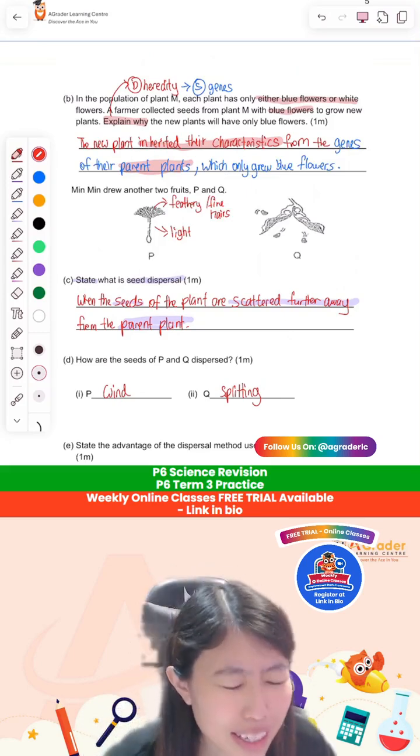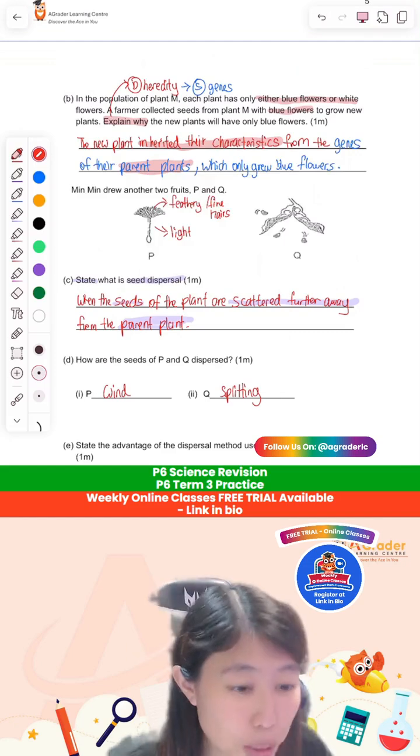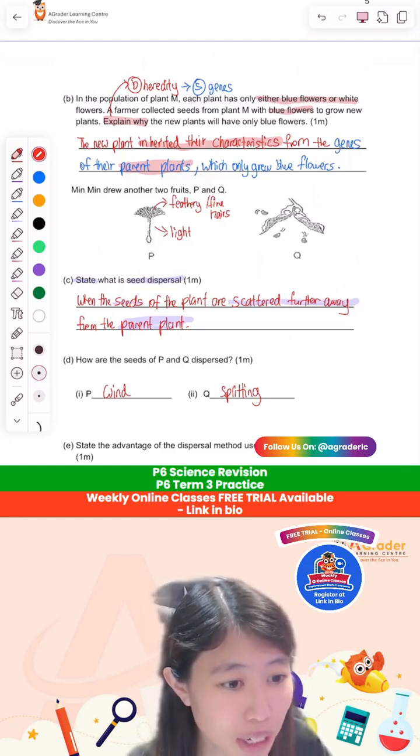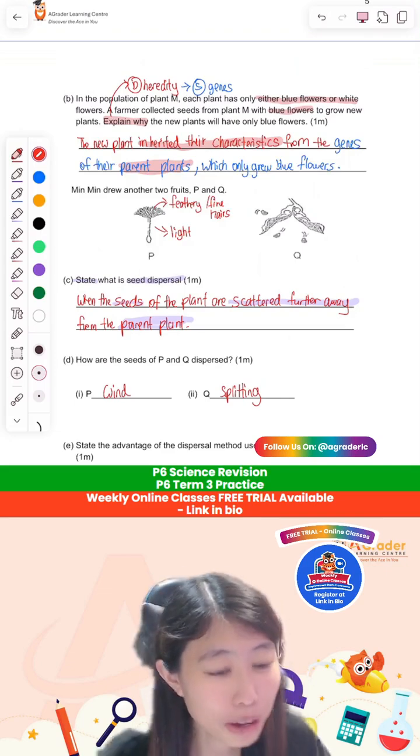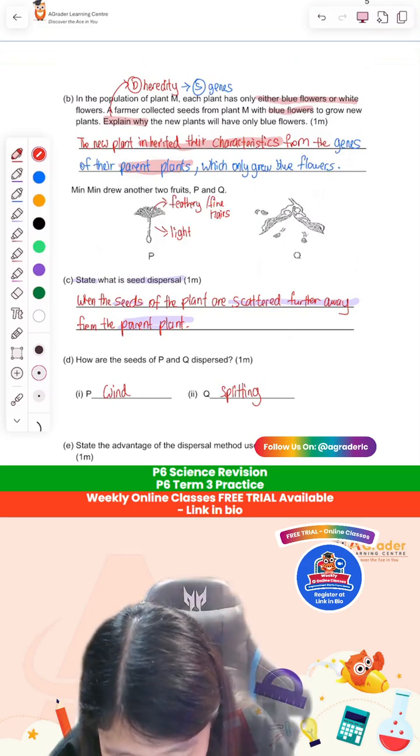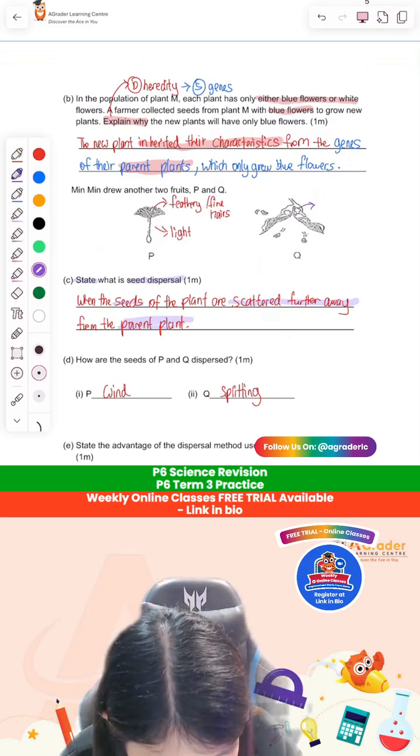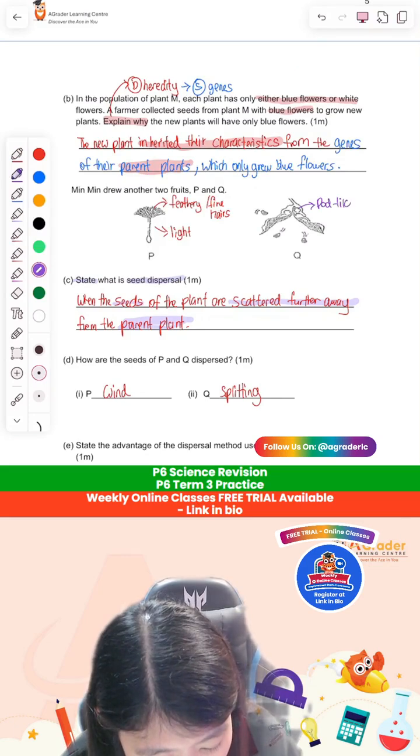Yes, pod-like structure. Any more? Okay, very good. A lot of you got it correct. So this is called a pod-like structure.